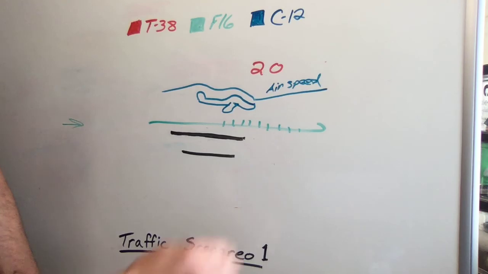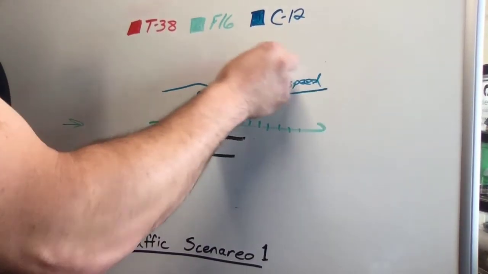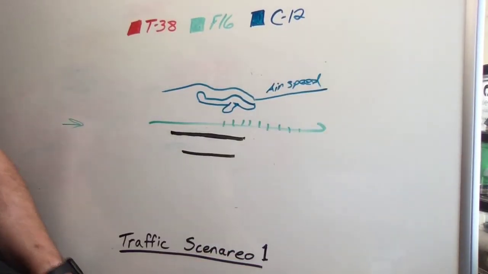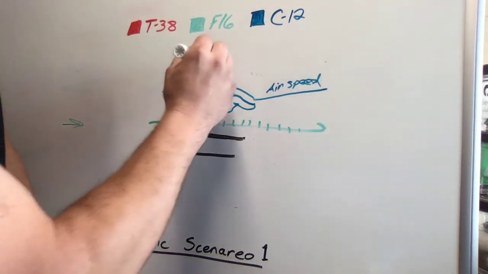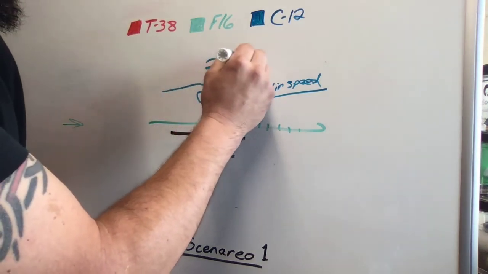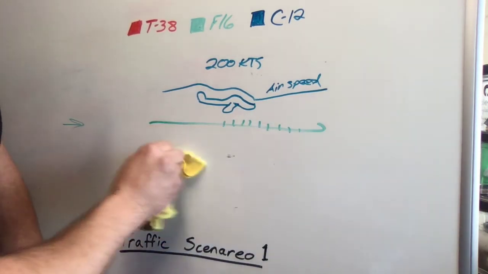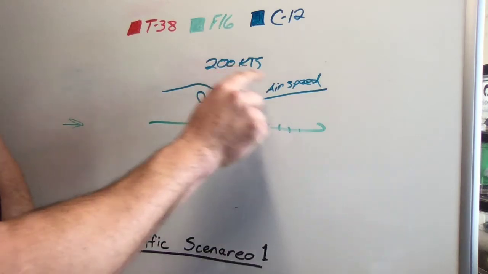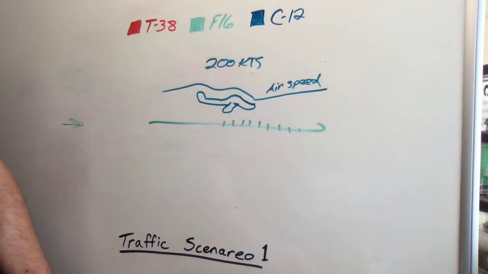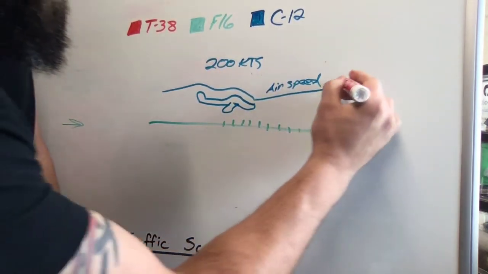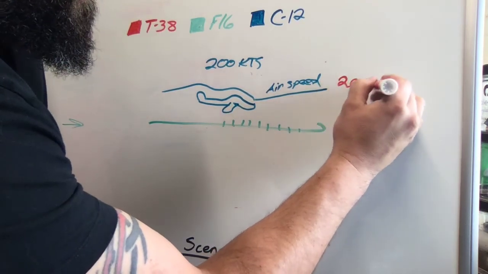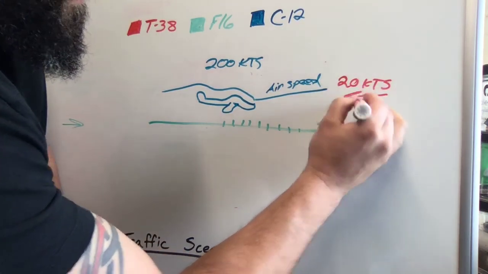So we'll just say, for the sake of argument, this aircraft is going 200 knots airspeed. But we have a 20 knot headwind.